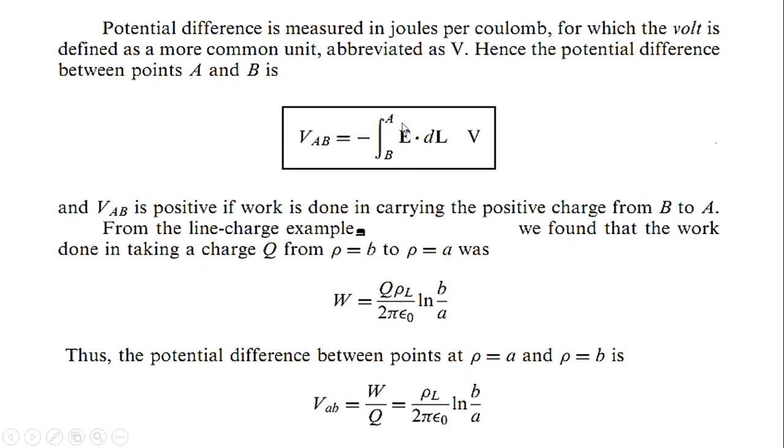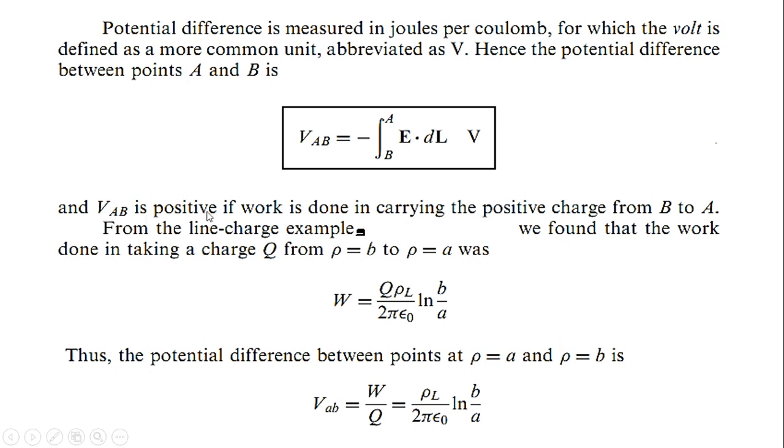It means that we have to move the charge from the initial point B to the final point A. So when we move the charge from initial point B to the final point A, we will perform some work, and that work done over the unit positive charge will actually be the potential difference between those 2 points.